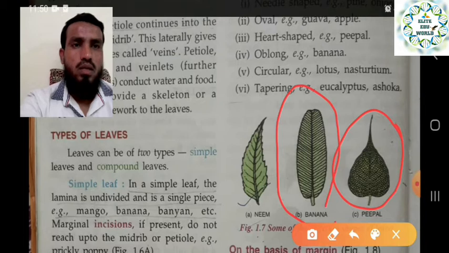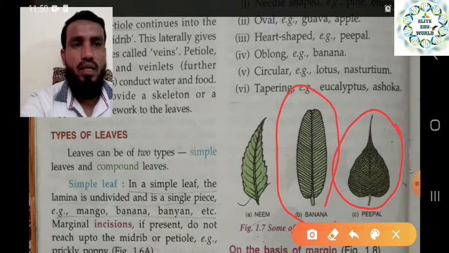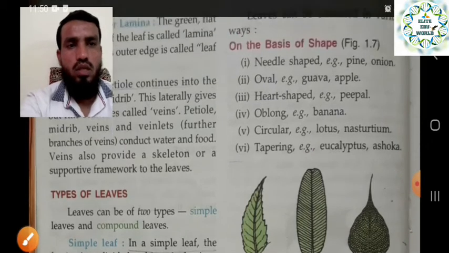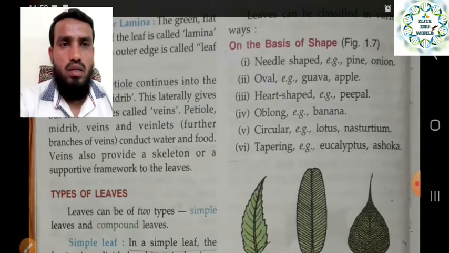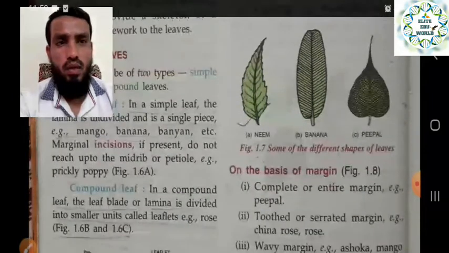And then circular, example lotus. The next is tapering, example eucalyptus and ashoka. So on the basis of their shape we can divide them into different types, that is 6 types, right?